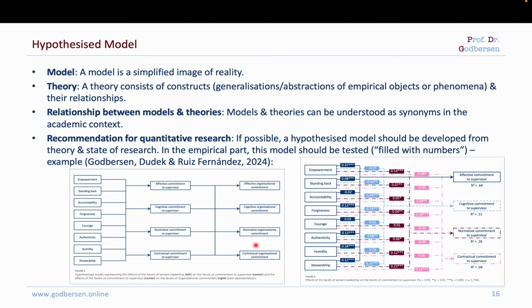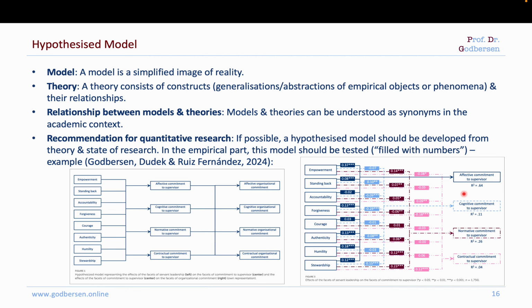So my co-authors and I, in the theory part, focused on developing this hypothesized model. And then on the right-hand side, you see one of the main result figures. There we filled our model with the numbers.